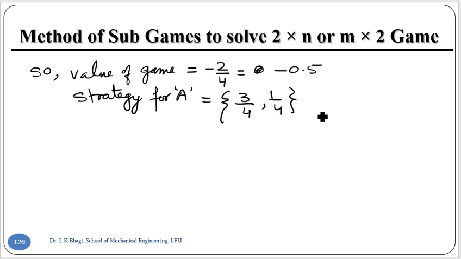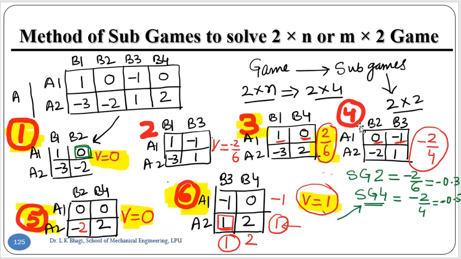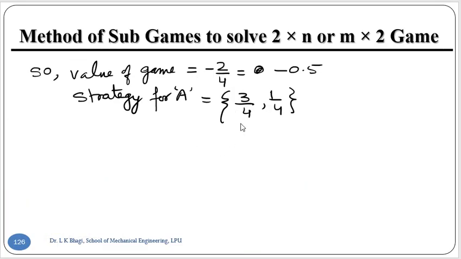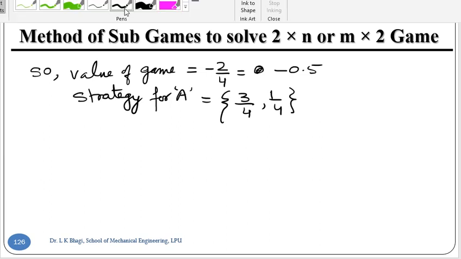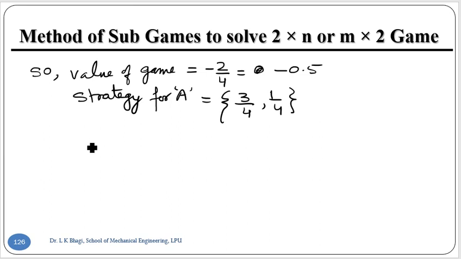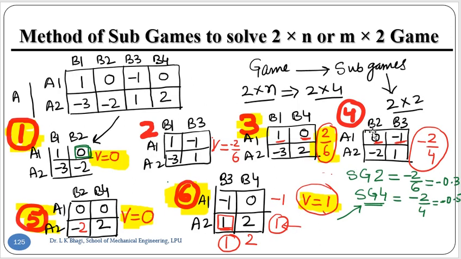Why 3 by 4 or 1 by 4 over here? You can see in the subgame 4, the strategy we have found is 3 by 4 and 1 by 4. And the strategy for the player B will come to be, because B2 and B3 are there, B1 is not there, B4 is not there.